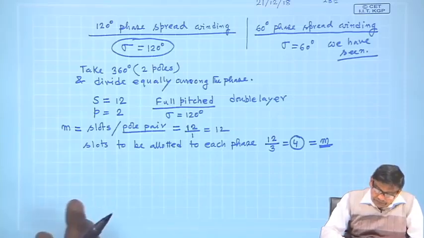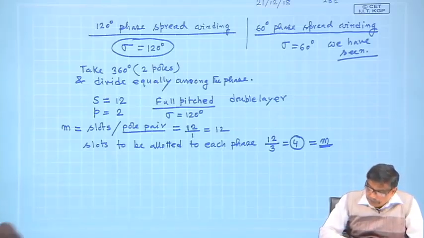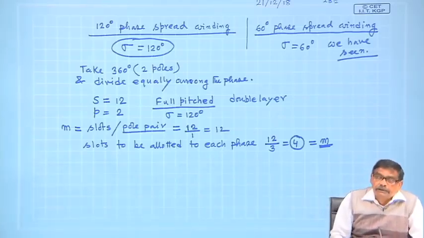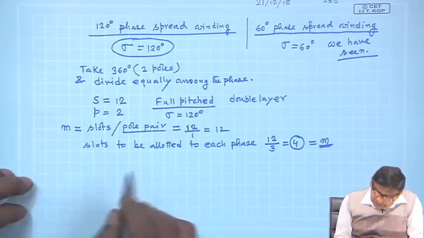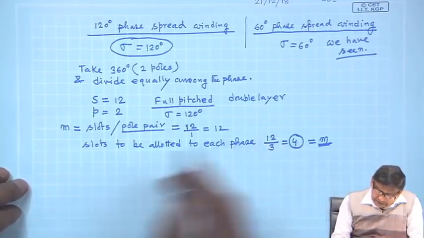So, 12 slots are there over 12 poles, per pole it will be, this is the value of m.